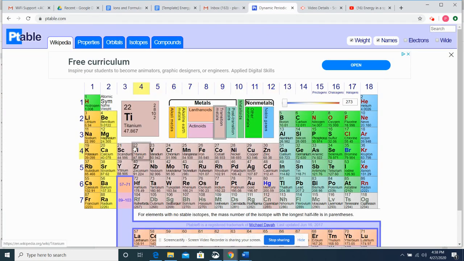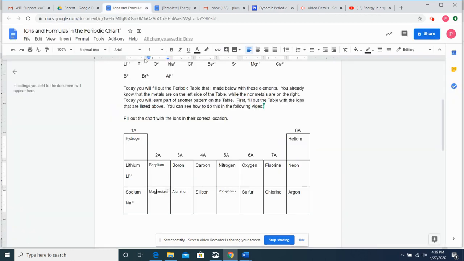Notice it has all these elements in the middle that we aren't even talking about, okay? We are only talking about these two groups right over here and these two groups right over here, or 6 groups right over there. And there should be a space right down there, but I couldn't make that easily on your paper. So just know that there's a space right there on your paper, and then fill out these elements and go ahead with the worksheet.